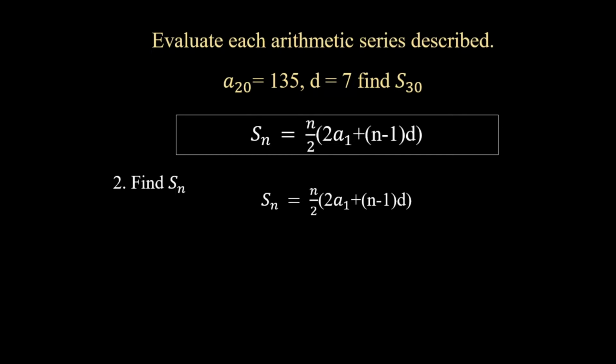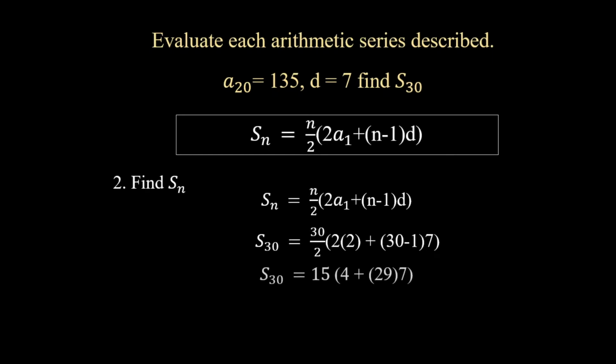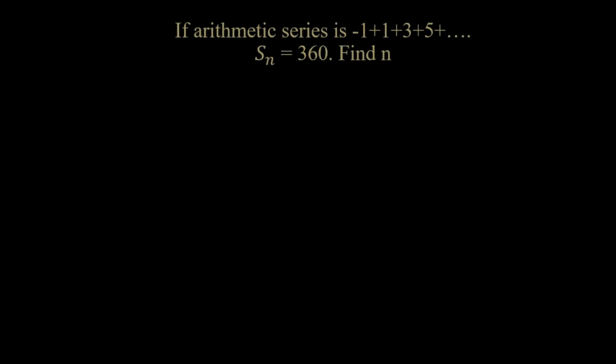As you substitute all the things in, you'll get S of 30 equals 30 over 2 times parentheses 2 times 2 plus 30 minus 1 times 7. When you calculate all of it, you will get 15 times 207. So the answer for S of 30 is 3105.